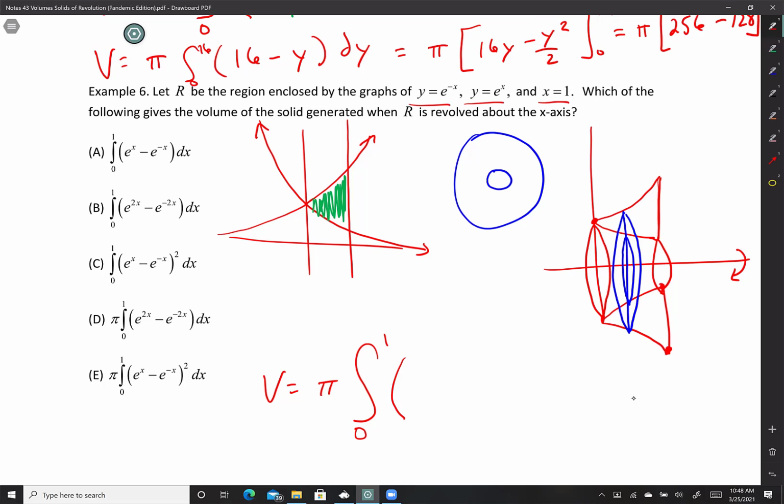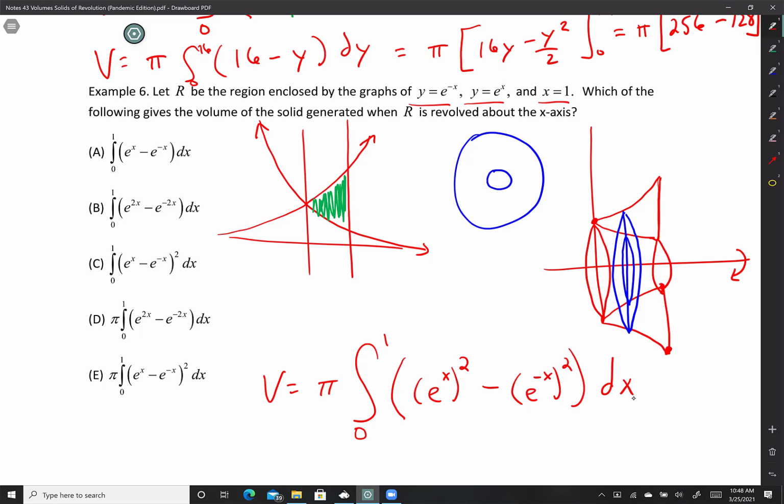That top curve is what? E to the x, close it, put a square on it, minus, open a little parenthesis, the little r, the distance from the x-axis to that bottom one. What curve is that? E to the negative x, close it, put a square on it, close the whole thing, dx.